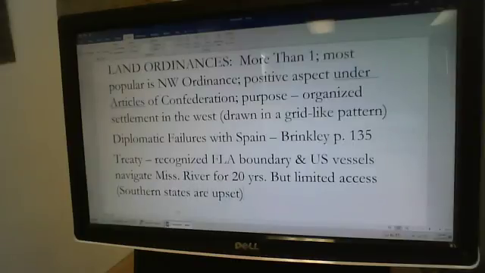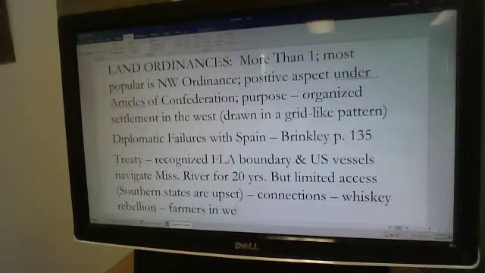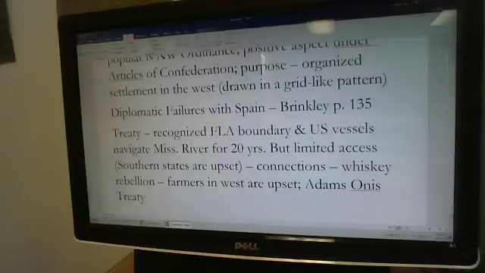If you're going to make some connections, you can make some connections like the Whiskey Rebellion, because that's your farmers out west who are upset at government policies, for example. You could also make a connection with the Adams-Onis Treaty, where eventually Florida is gained by the United States.